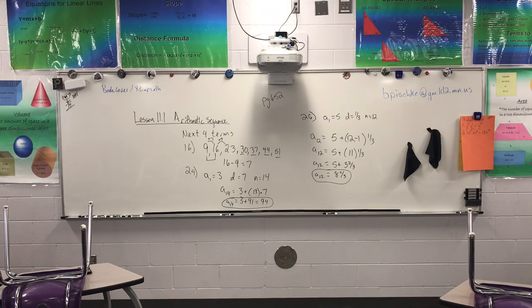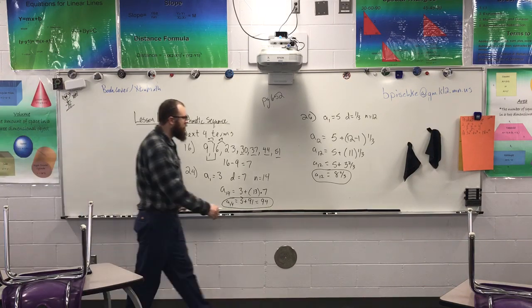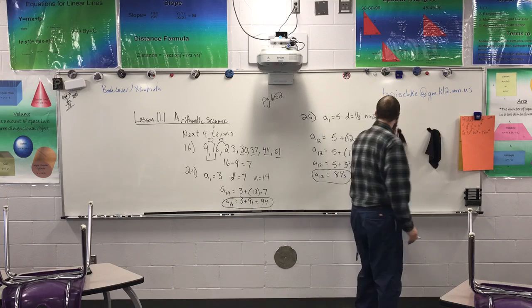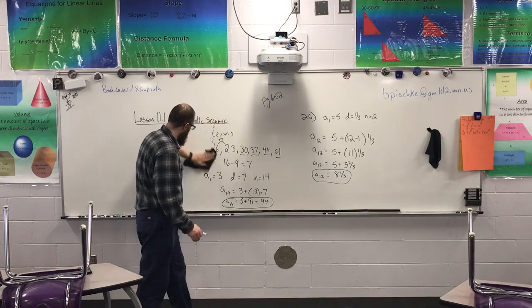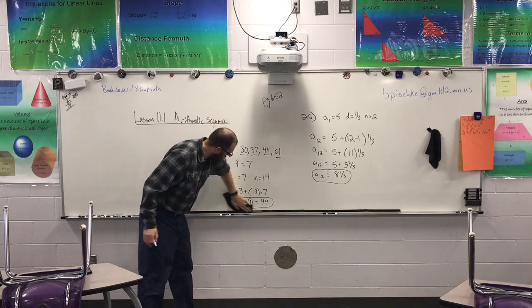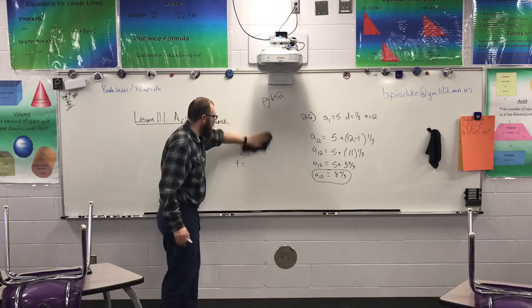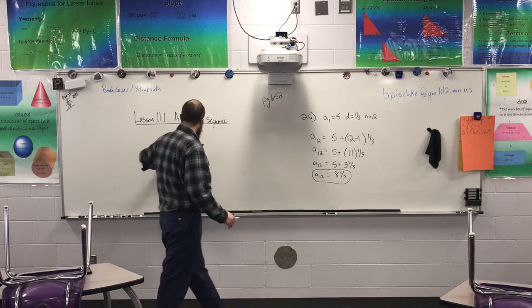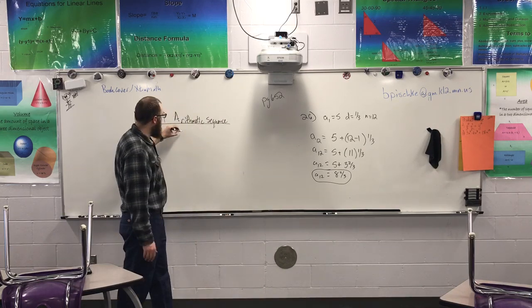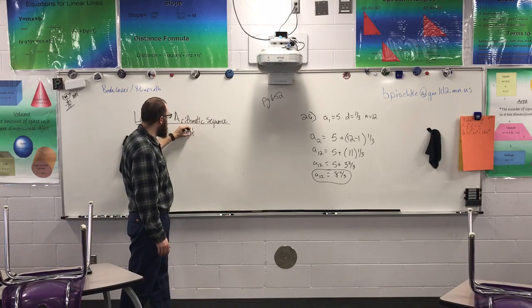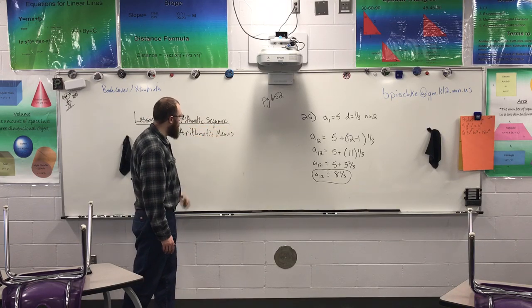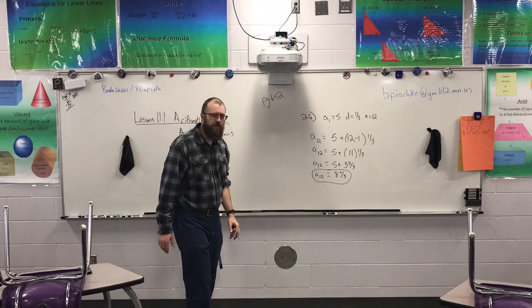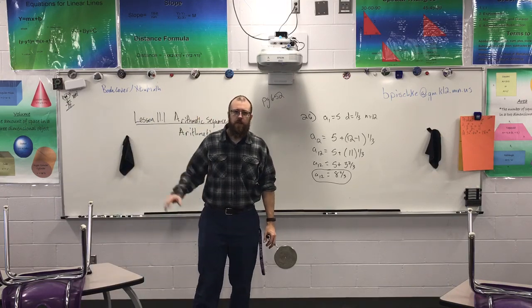I need to deal with one more thing before I let you go, to make sure that you have all the tools you're going to need. The very last piece of this is to be able to find arithmetic means, which is basically just a really fancy way of saying gaps in my sequence.